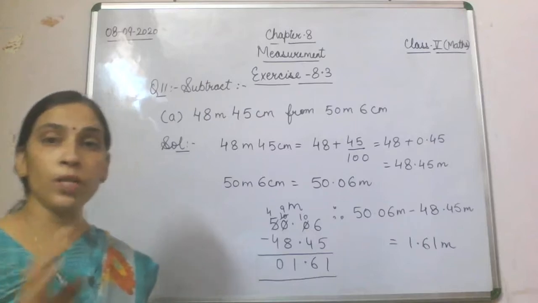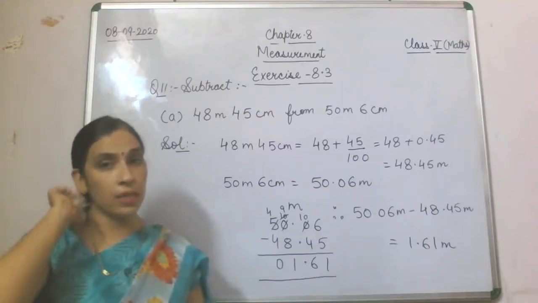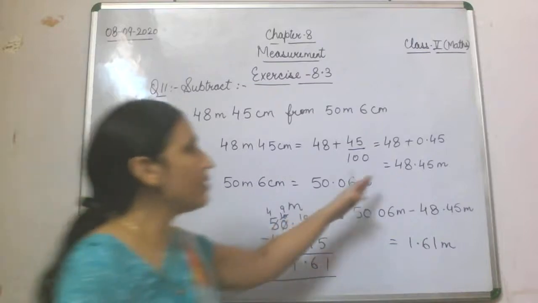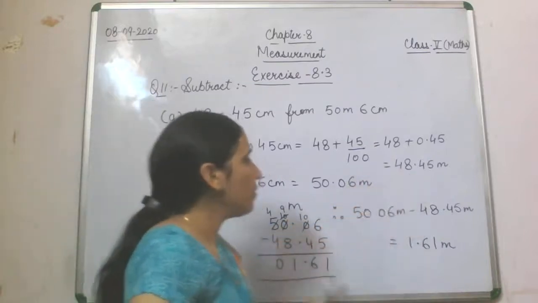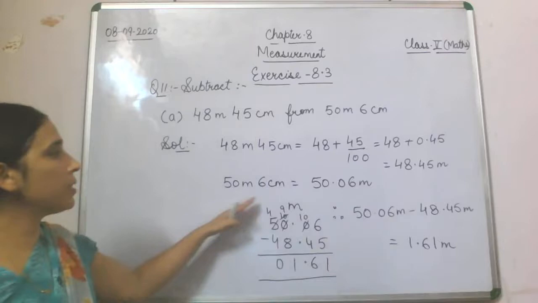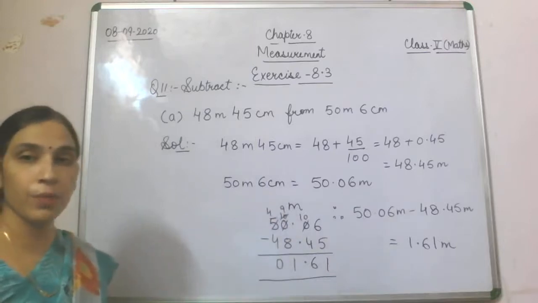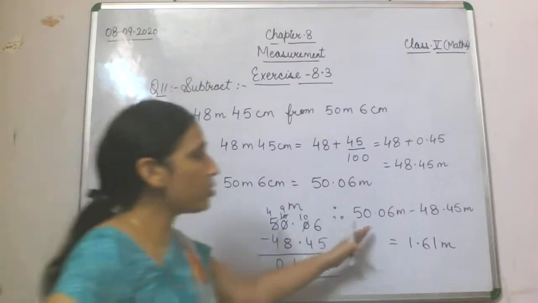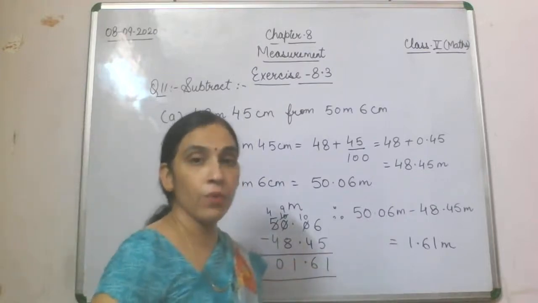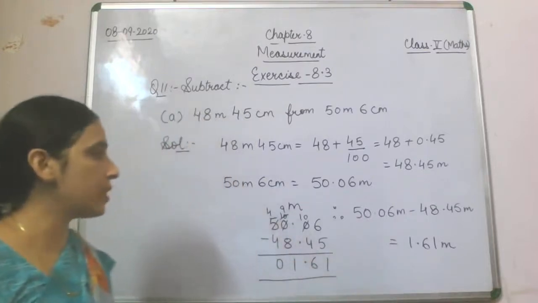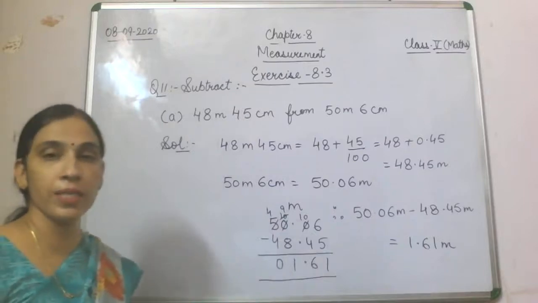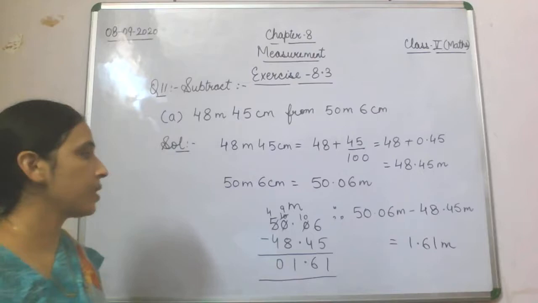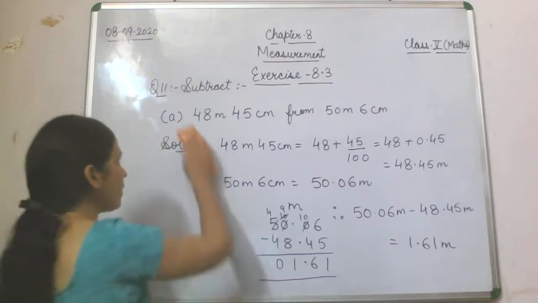From smaller to bigger unit, you are supposed to divide to convert. After that, 50 meter 6 centimeter becomes 50.06 meter. Therefore 50.06 meter minus 48.45 meter is 1.61 meter. Children, I hope the concept of subtraction is clear.